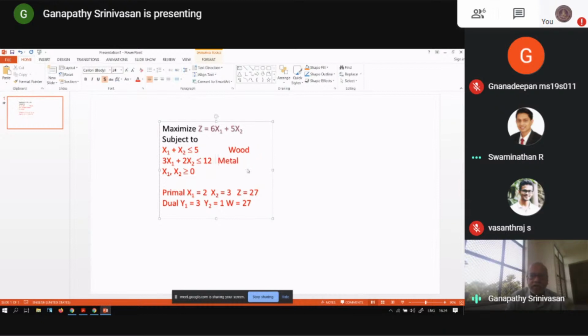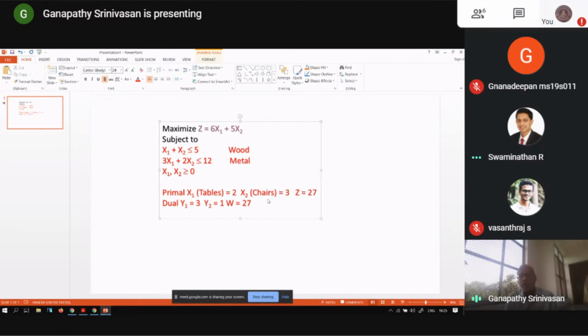The dual is trying to tell you that there are two resources. There are 5 units of wood that's available with you. There are 12 units of metal available with you. And using them, you make tables and chairs. So let x1 represent tables, and let x2 represent chairs.